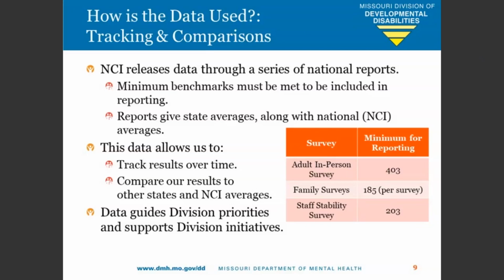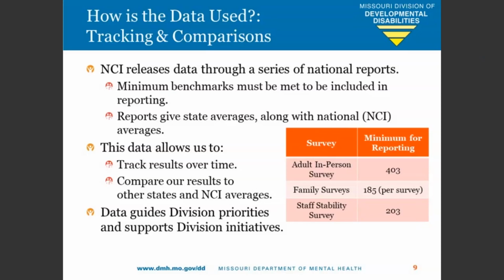It's the average for all participating states. And this data, again, is so important because it allows us to look at the different areas and how we are performing over time.